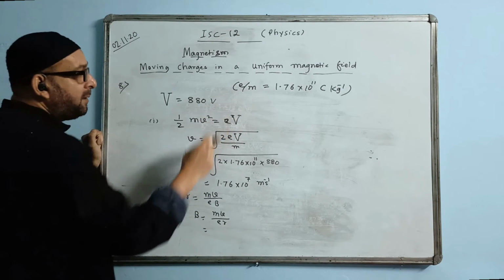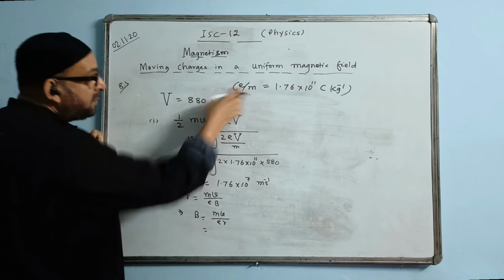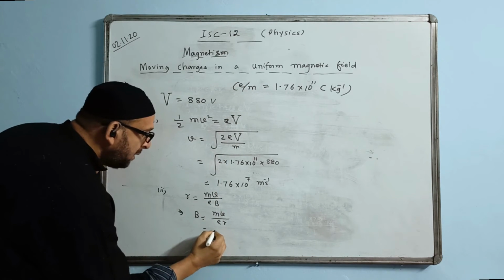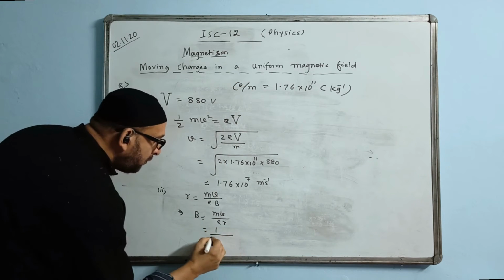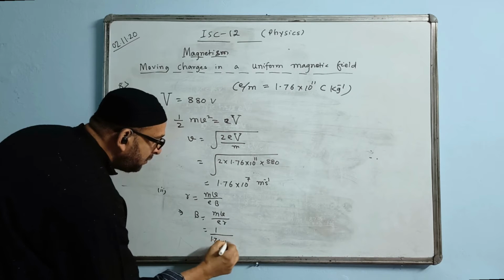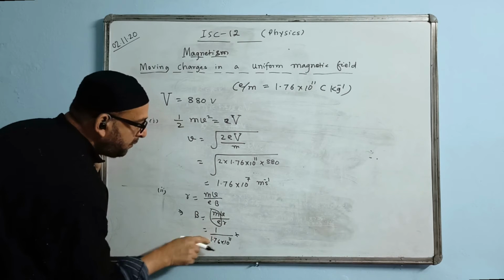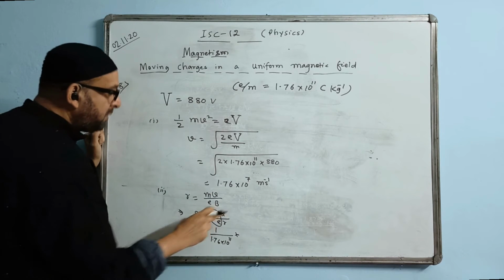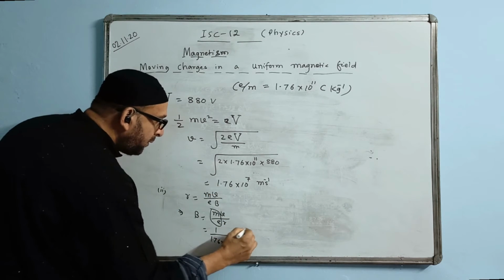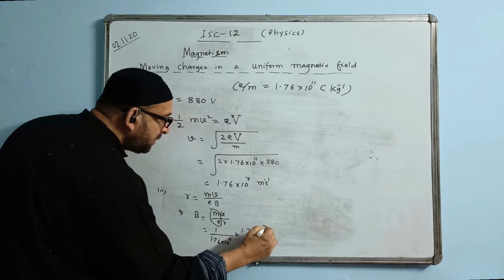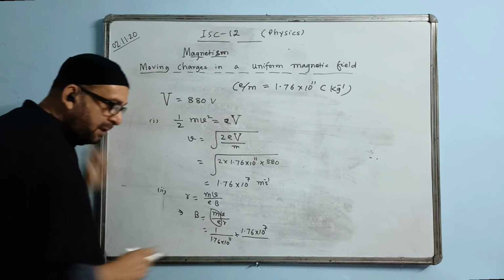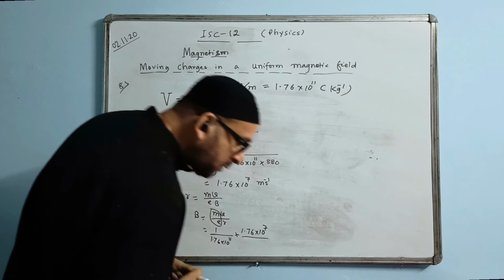We have the value of e by m. Here it is m by e, just a reciprocal of this. I will take it like this, 1 upon 1.76 into 10 to the power of 11. The value of m by e I have put, 1 upon this reciprocal. Put the value of velocity we just now found, 1.76 into 10 to the power of 7. And R, the radius of the path, was given.